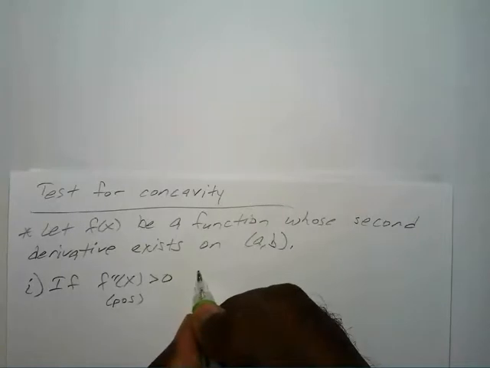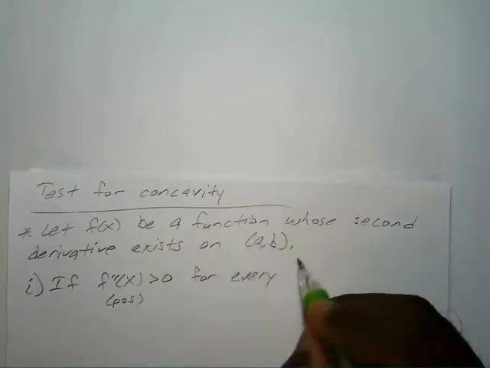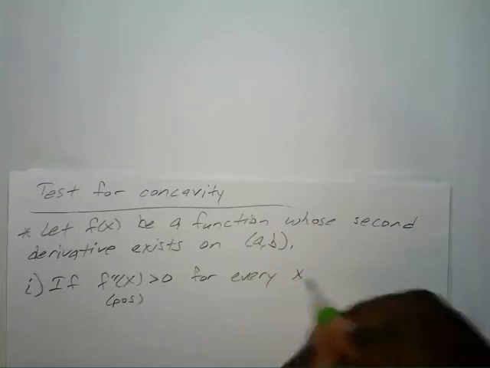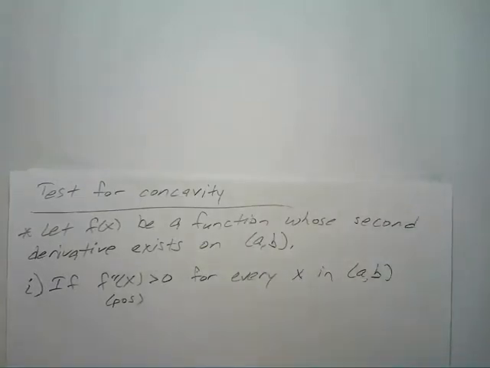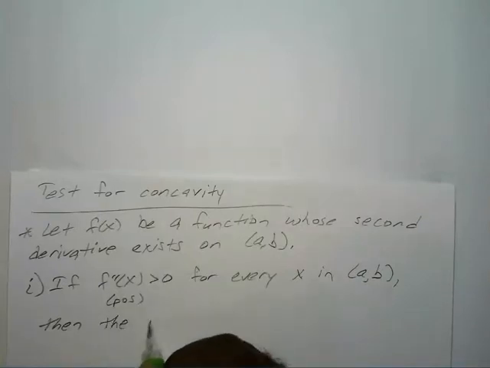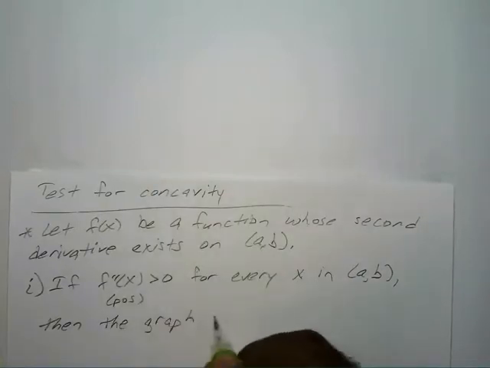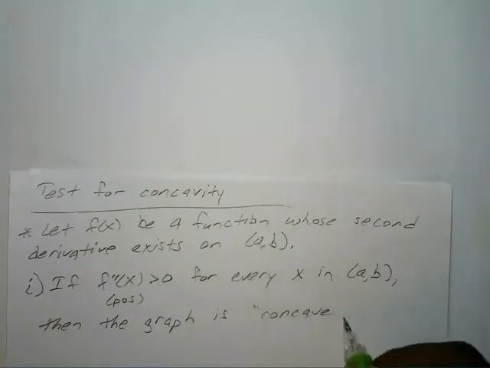Okay, so it's positive for every x in the interval from a to b. Then we know the graph is concave up.